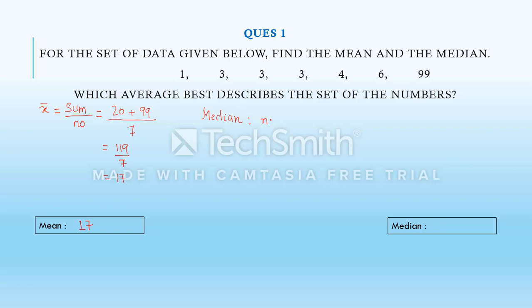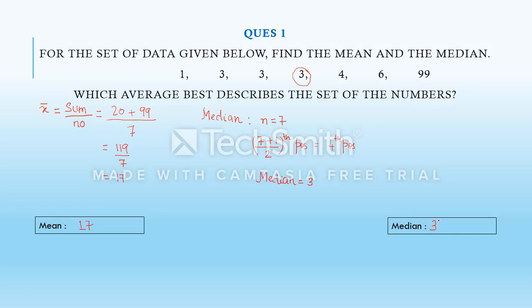And the number of values is 7, so the value of n is 7, which means we're going to be looking out for the value at the (n plus 1) upon 2th position, which means the value at the 4th position. 1, 2, 3 and 4, so the value at the 4th position is 3, which brings us to the answer that the median will equal 3. So there goes my answer into the answer box.